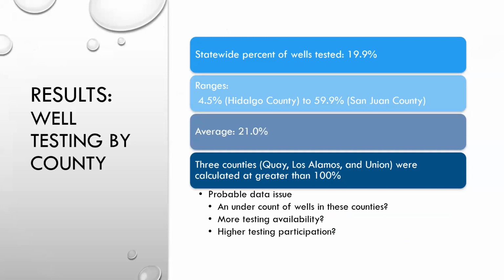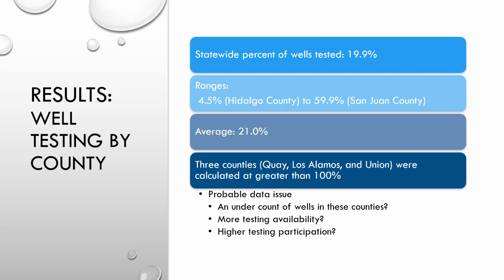So the results estimated about 20% of wells statewide have been tested for anything. This ranges from 4.5% in one of our very rural counties to almost 60% in one of our more small metropolitan, mixed urban-rural counties, with an average of 21%.